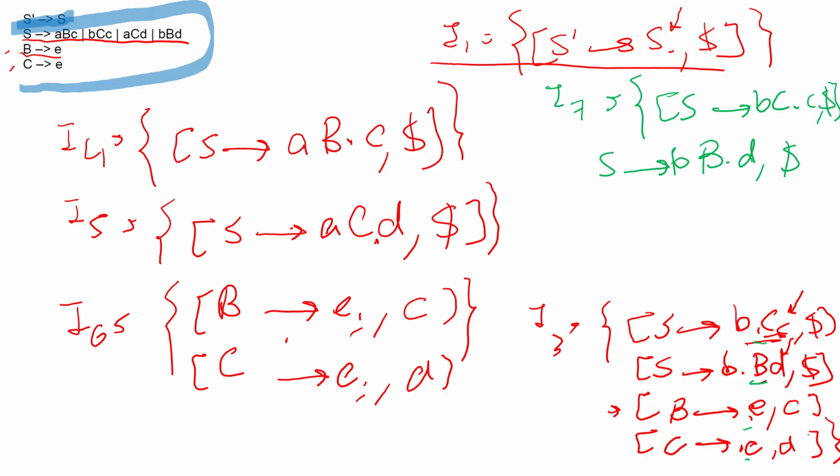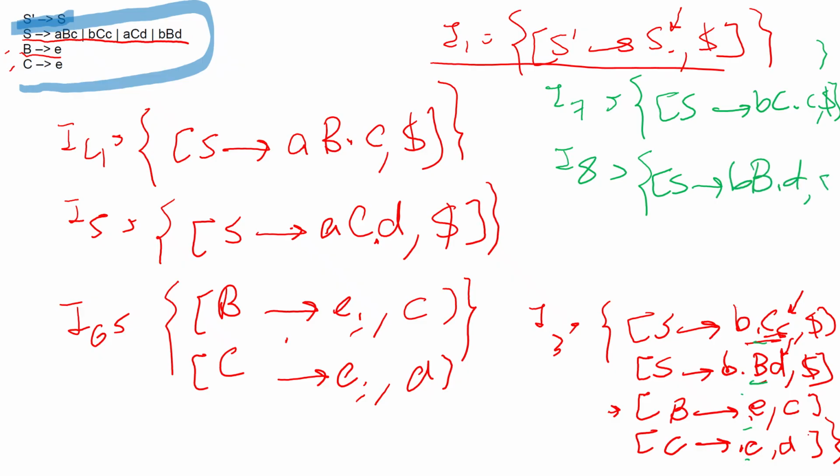No, this is a mistake. Because dot C is alone, we take dot C alone, and then we close the parenthesis. Now I8 for the B: S, B, B capital dot D, and dollar, and we close. Why are we closing the set for this one and this one?